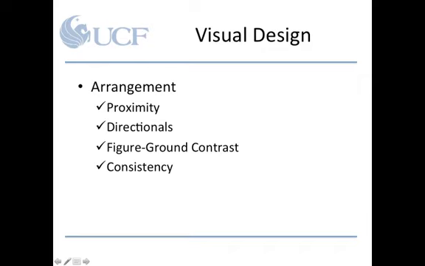Directionals, so using arrows and different things of that nature to highlight various aspects of the content and of the image. Figure ground contrast, and again we've always talked about this idea of being consistent throughout.